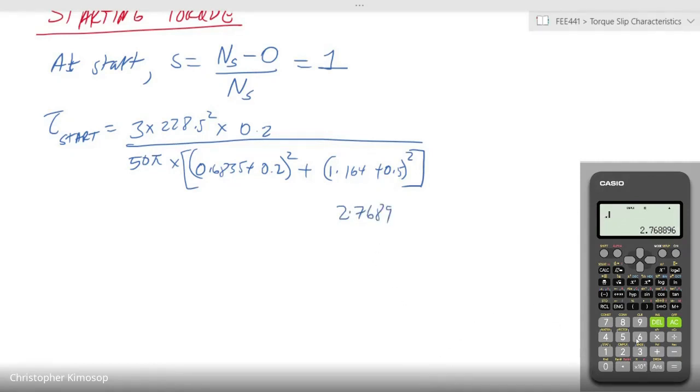Then 0.6835 plus 0.2, squared, is 0.780.